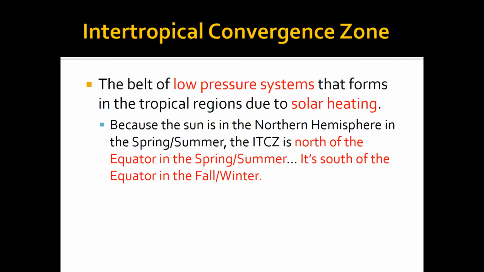This is important because it's this Intertropical Convergence Zone that allows tropical systems, tropical cyclones, to develop. And during the spring and summer months, it's in the northern hemisphere. So that's why we actually get a lot of our tropical cyclone activity during the summer months.